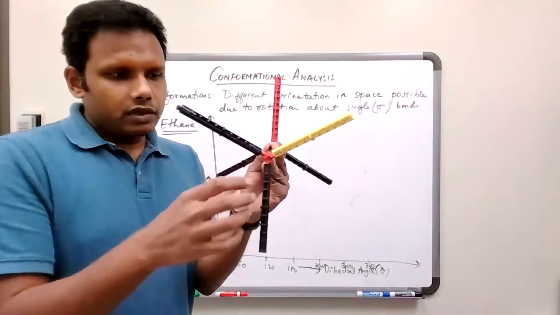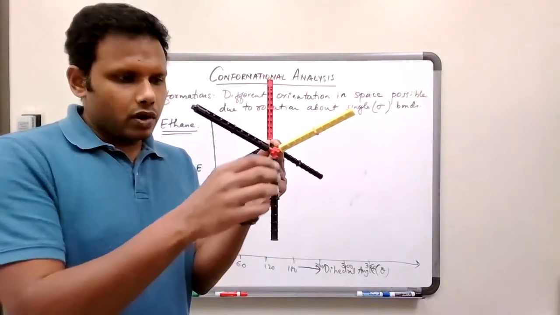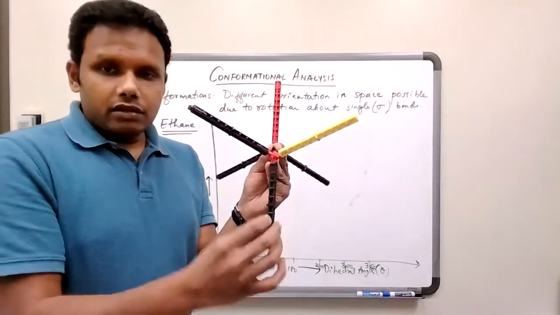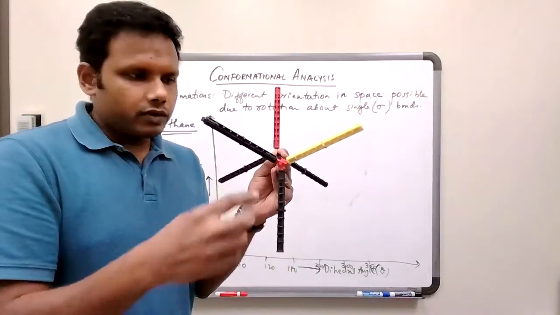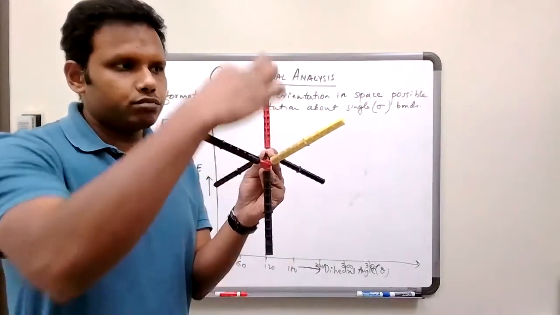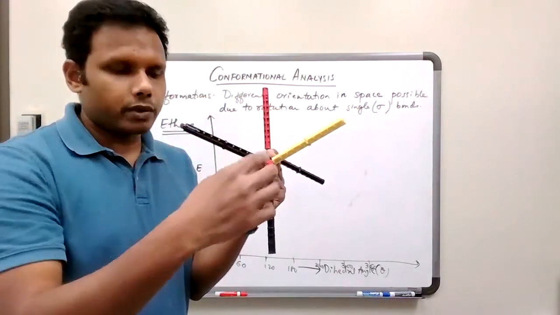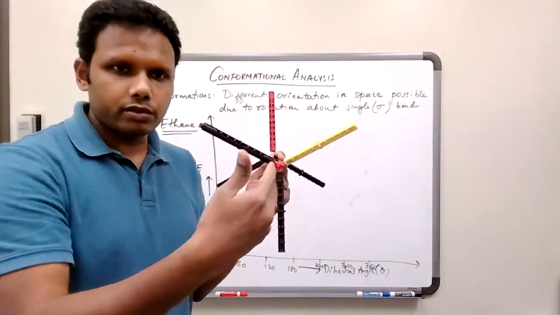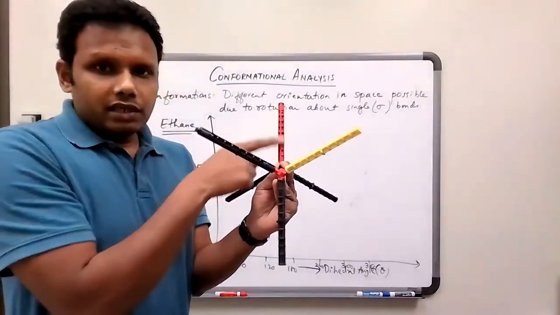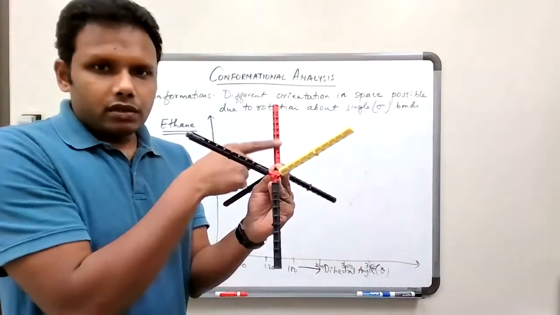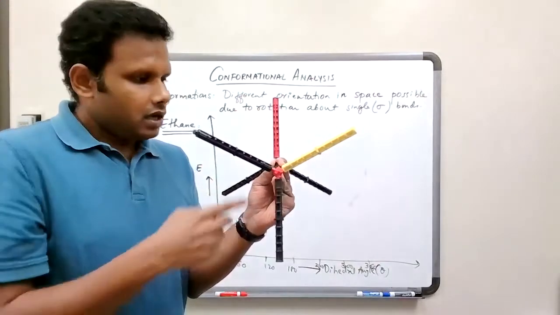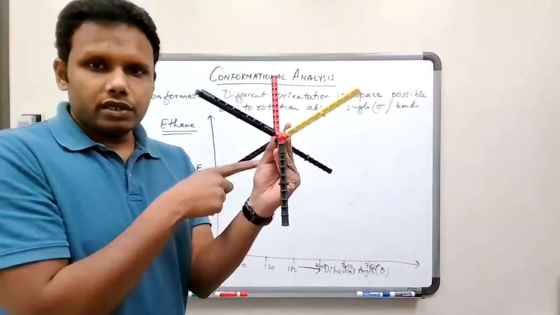But if we consider a particular sigma bond, let's say this sigma bond, then the sigma star orbital for that bond should be here, across from this bond itself in the opposite direction. There is something called a sigma star orbital, the anti-bonding orbital. And the sigma bond for this orbital is here along this bond, because that's the sigma bond. And the sigma star for that would be across from it.